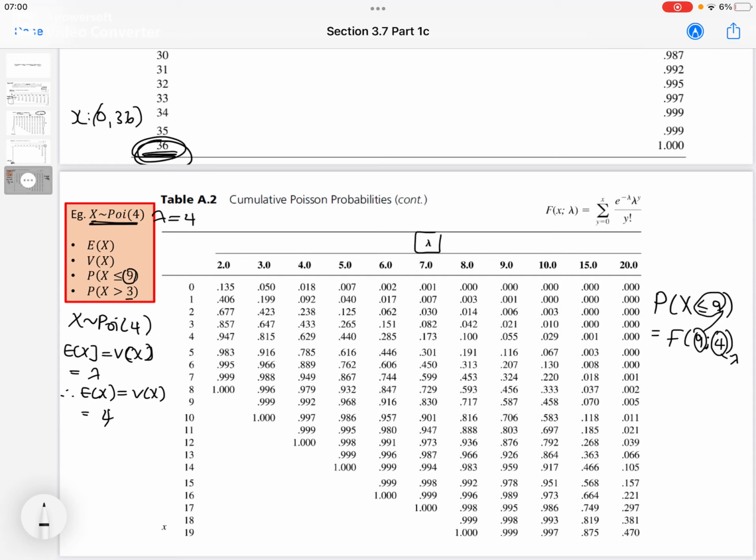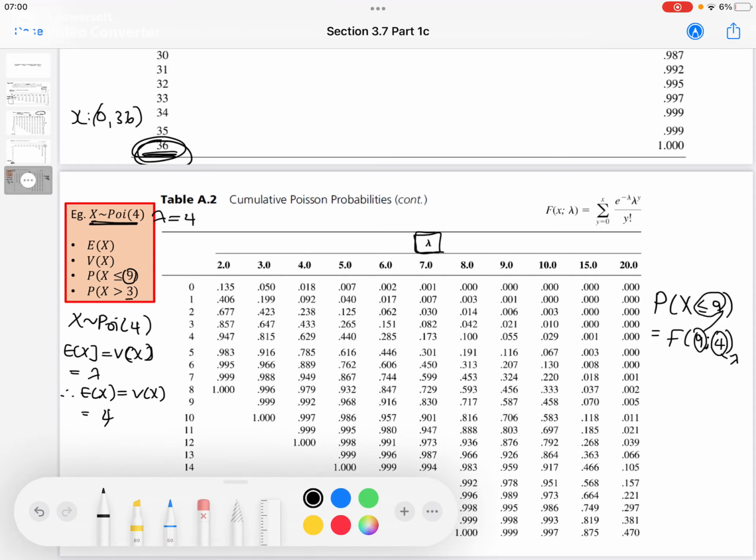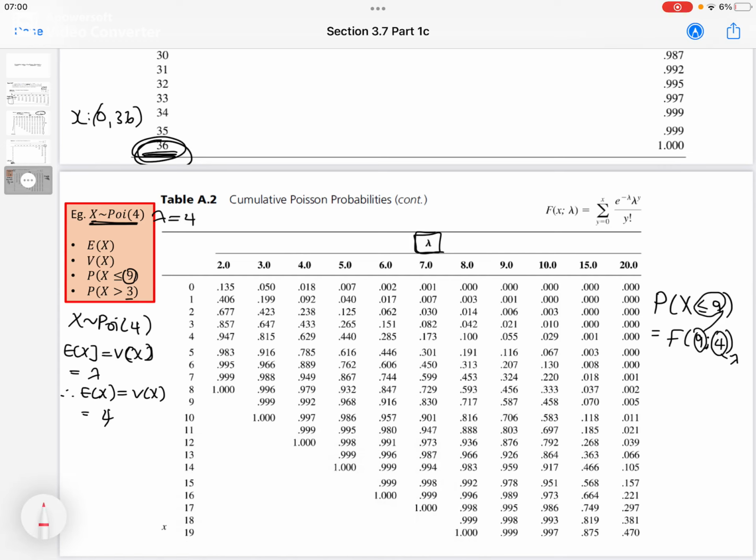So what will you do? You go to your table, first row, which is lambda. You locate your value of lambda, here. Any probability that you're looking for will be in this column. Then you go to x equal to 9, and you see that the probability that x is at most 9 is 0.992.